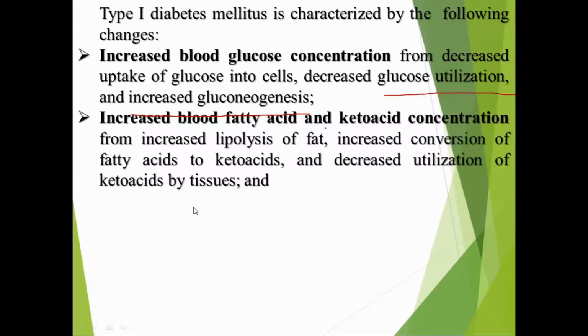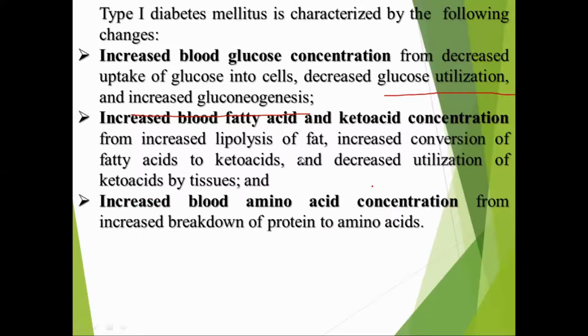Then increased blood fatty acid and keto acid concentration. I don't need to explain all these, because whenever there is a problem with secretion, insulin level decreases and those functions will be altered. Insulin decreases lipolysis, so when it is in decreased concentration, there is increased lipolysis, increased conversion of fatty acid to keto acid, and decreased utilization of keto acid by tissues.